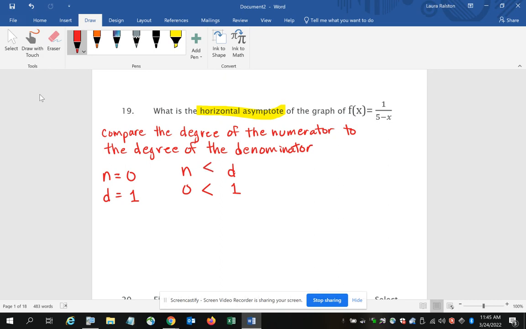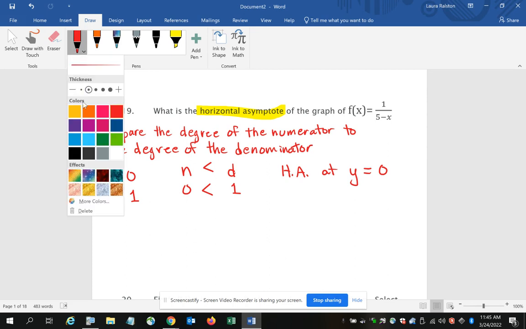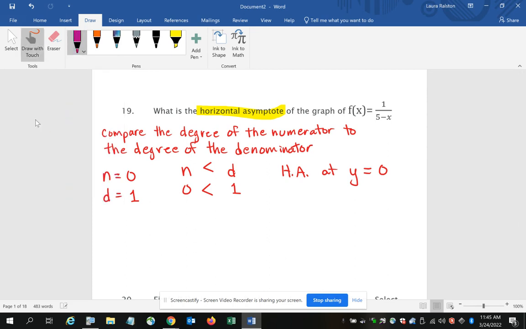The rule says when the degree of the numerator is less than the degree of the denominator, there is a horizontal asymptote at y equals 0, the horizontal axis. Now, so that's the answer for this particular problem, but so that you know the guidelines for the others as well, if the numerator is equal to the denominator, there's a horizontal asymptote at the ratio of the leading coefficients.